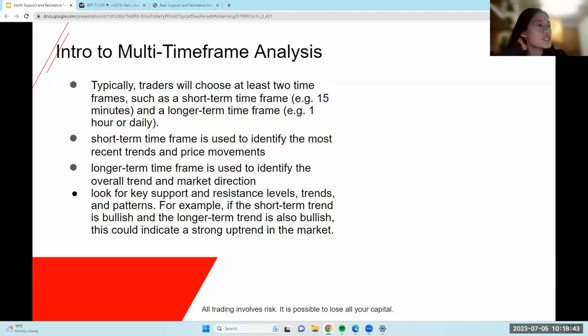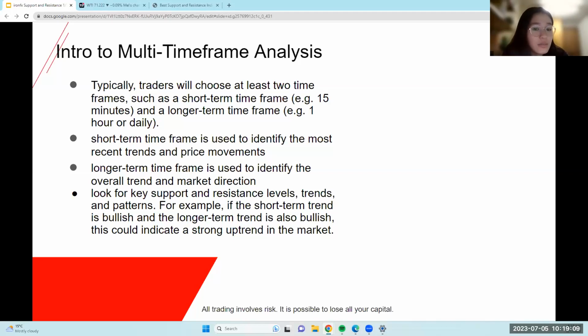Okay, so we're just going to introduce a little bit on multi-timeframe analysis. Just briefly touch on it since we are talking about support and resistance levels. So multi-timeframe analysis is a trading strategy that involves analyzing the market from multiple timeframes. So this can help a beginner trader get a better understanding of the market and make more informed trading decisions.